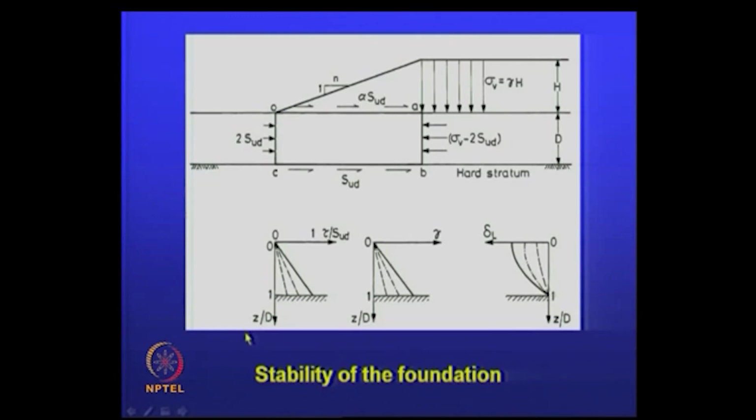Like I'll just show you some more examples here, and yeah, this is a variation of shear stress with depth, this is the variation of shear strain with depth, this is the variation of displacement with depth.